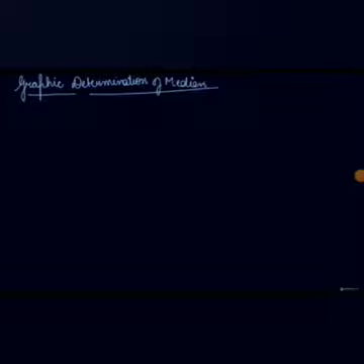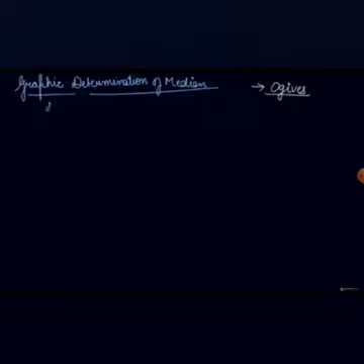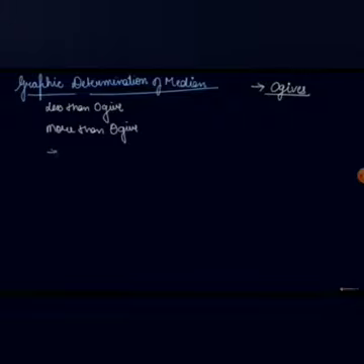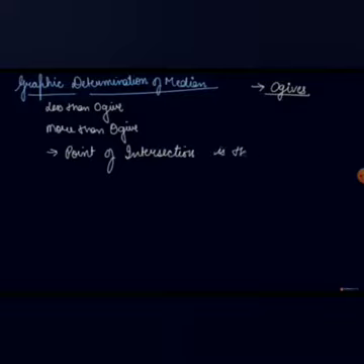We will find out how we determine the median using graphs. First of all, we have learned how to make the ogives. So we will make the less than ogive, then we will make the more than ogive, then the point of intersection of both the less than and more than ogives is the value of median.